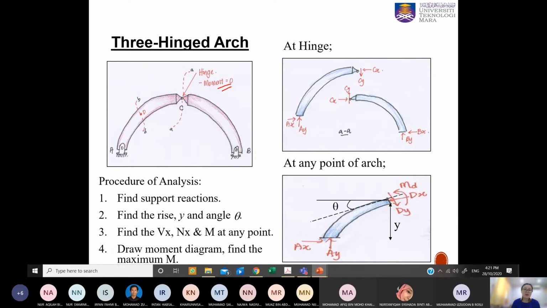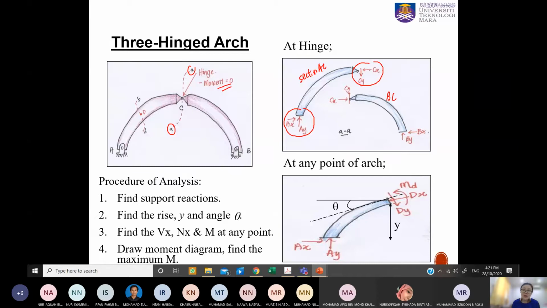So if we cut a section at AC, you can draw the free body diagram of section AC, and also section BC as such, where you need to put in your support reactions A_Y and A_X because this is a pin, and the C_X and C_Y at the hinge, and there is no moment at C.